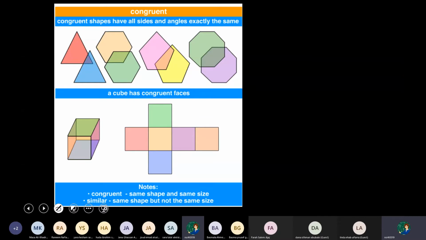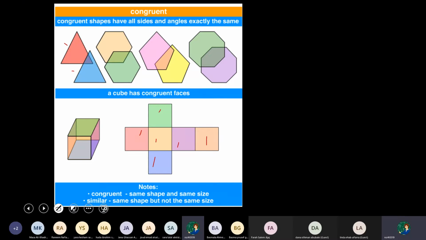Look at these two triangles. Look at these two hexagons, not hexagons, sorry, they are octagons. All of these shapes are the same. And also, if I look at this cube down here, all these cubes have congruent squares. If you put them together, you will make a cube.